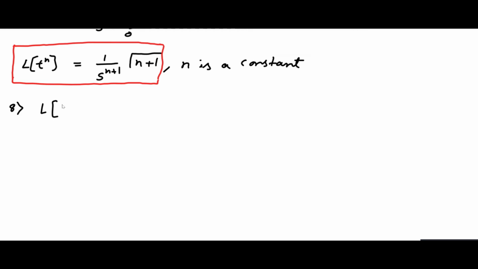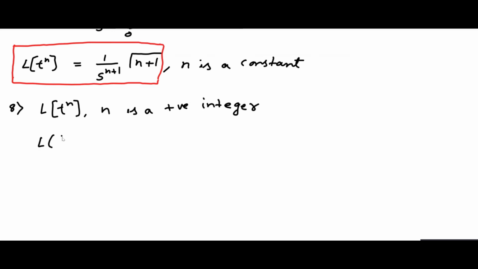The next result is to find the Laplace transform of t power of n when n is a positive integer. If n is a positive integer, in that case what will be the Laplace transform of t power of n?